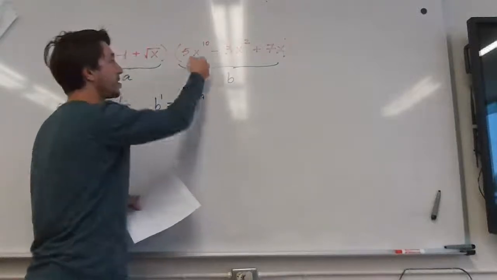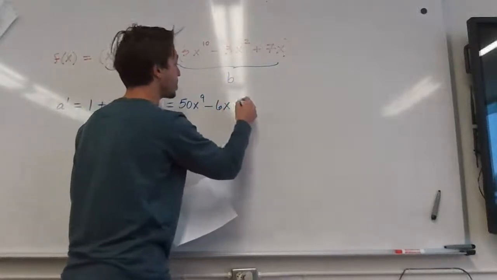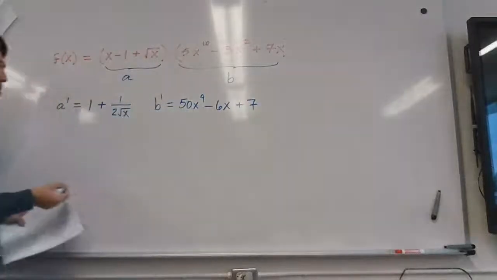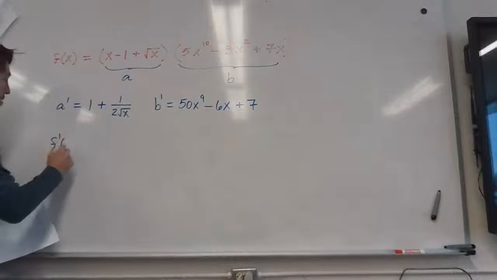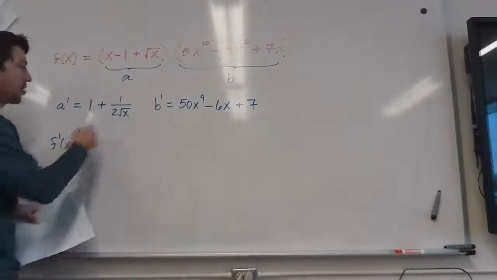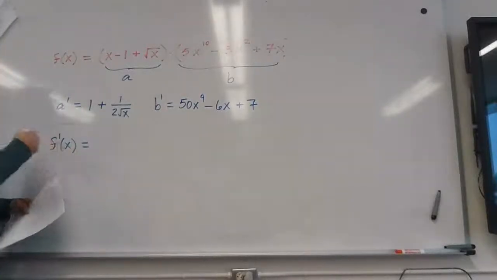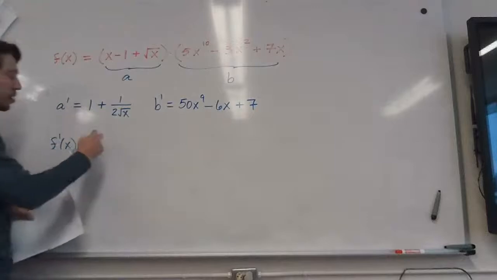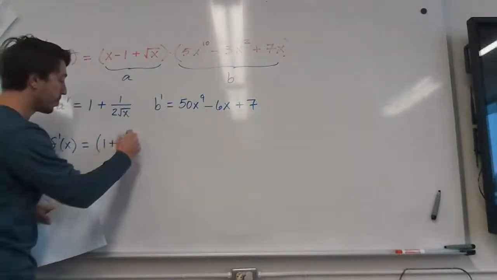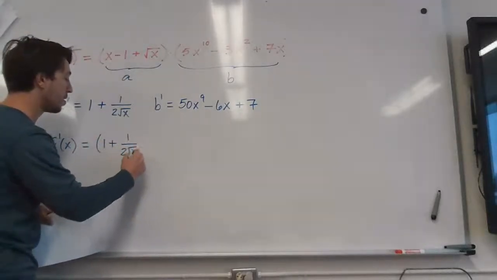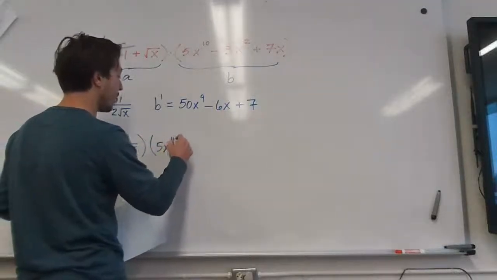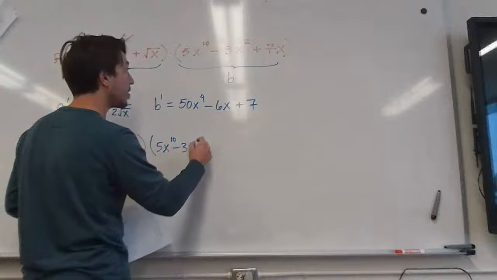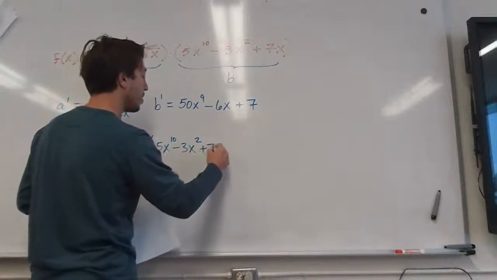50x to the 9 minus 6x plus 7. Now, here's the best part. That's actually really good because you don't have to simplify this out into a single standard form. So you go A prime times B. Luckily, you got the whole width of the page here, so try to get it all in one line.